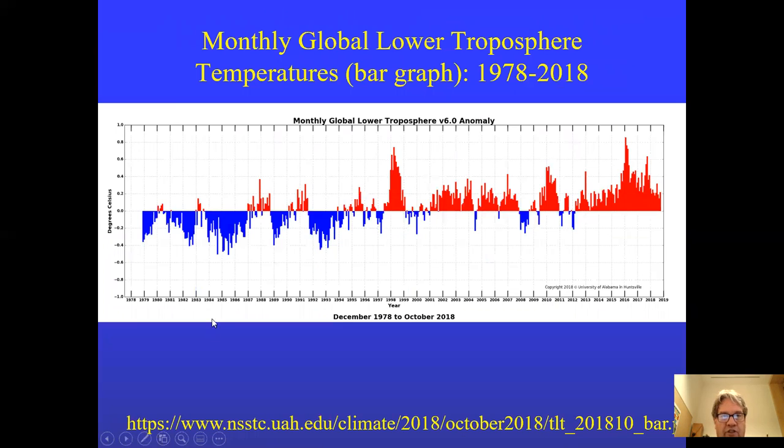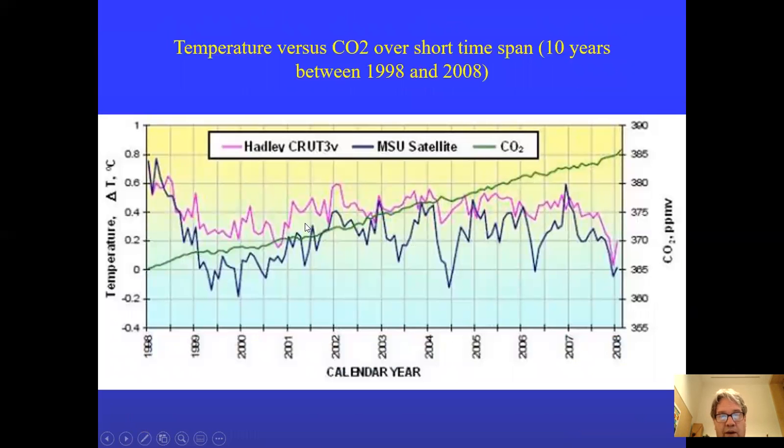You can definitely see, though, and this is 1978 to 2019, that it was cooler back in the 70s or 80s, and now it's warmer, right? So temperatures warmed up, definitely. Why is a good question. CO2 maybe. Here are measurements of temperature versus CO2 increases, right?